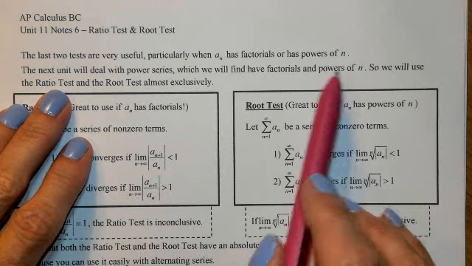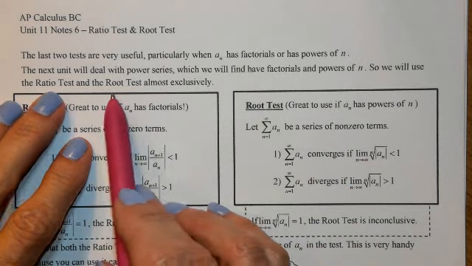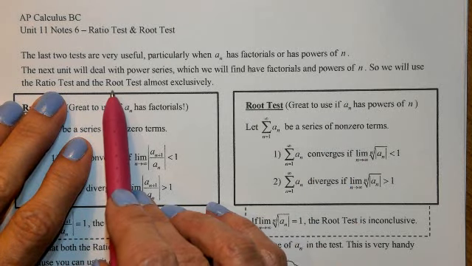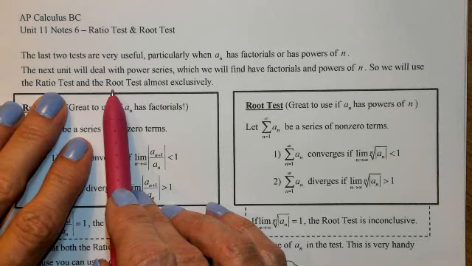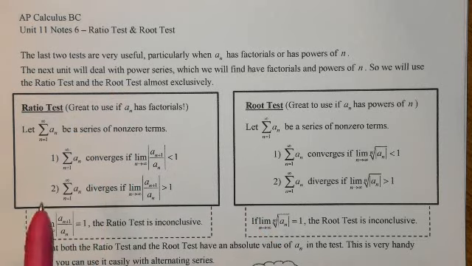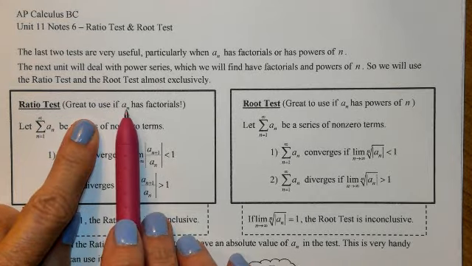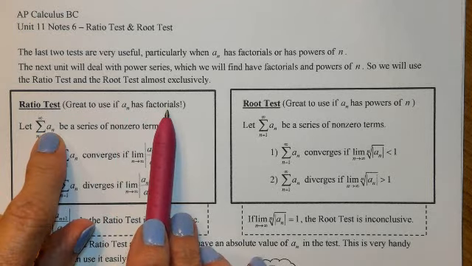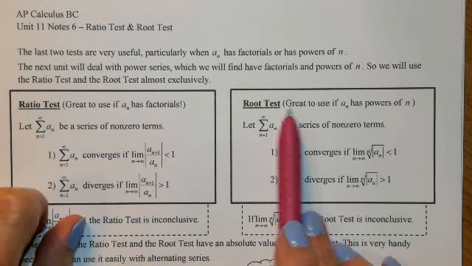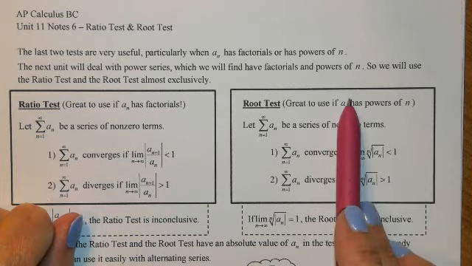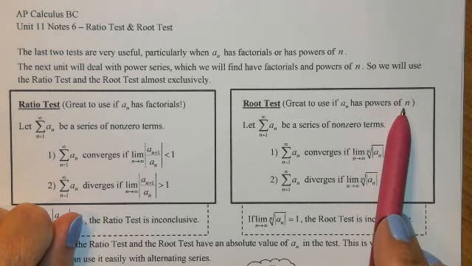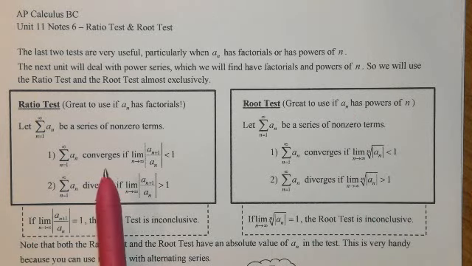Okay, so in the next unit we will use the ratio test and root test almost exclusively. Not quite exclusively, but almost. So keep that in mind. These are two really important tests for us. The ratio test is really useful if your expression has factorials in it. The root test is very useful if your expression has powers of n in it. Okay? All right.